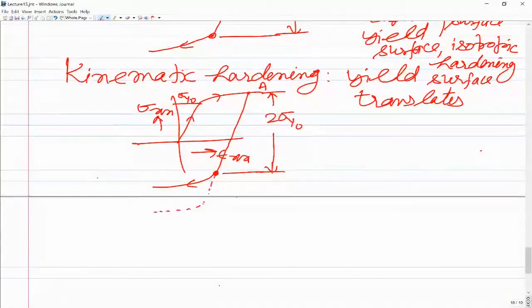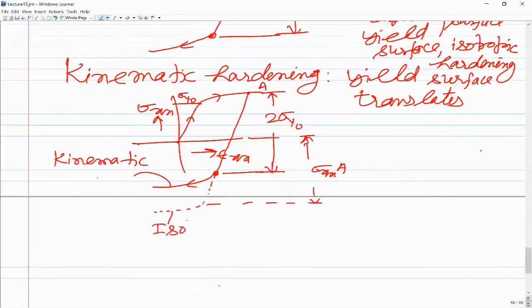In that case, I have already explained to you that my magnitude would be equal to sigma xx at A. So this is kinematic hardening, and this is your isotropic hardening.